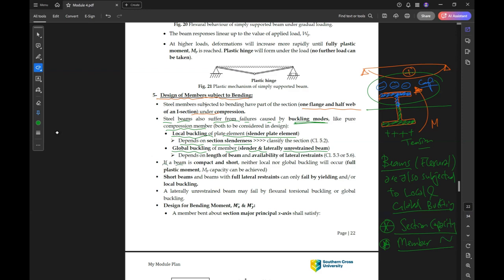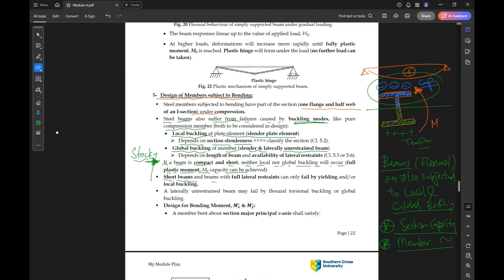If the beam is compact and short, neither local buckling nor global buckling will occur, so this is the full plastic moment. Again, this is similar to what we saw at the beginning of column design. If we have a stocky member, it doesn't suffer from buckling, so it will reach its full capacity.